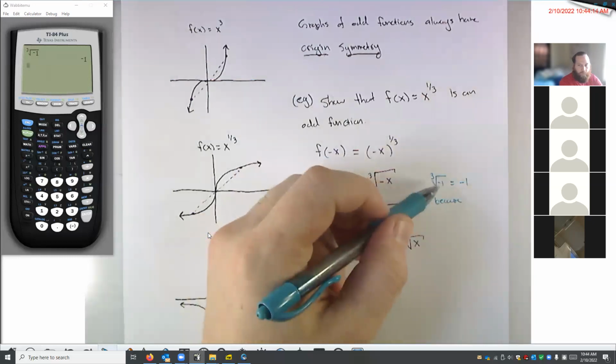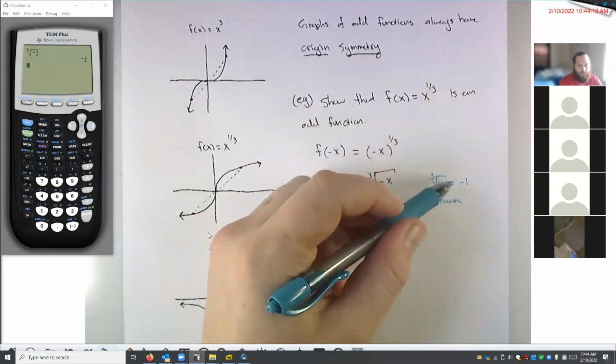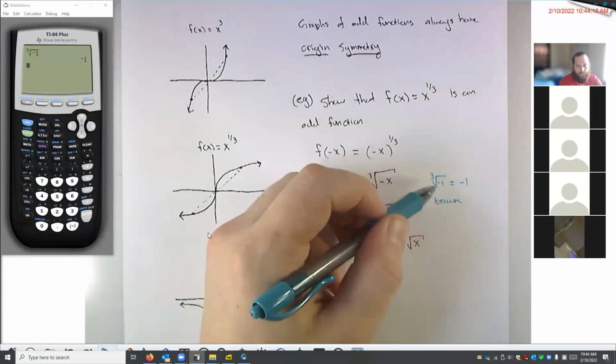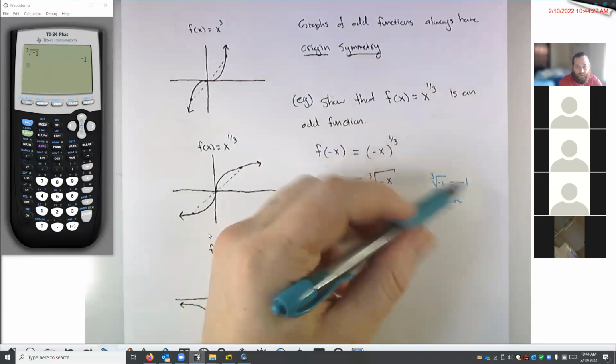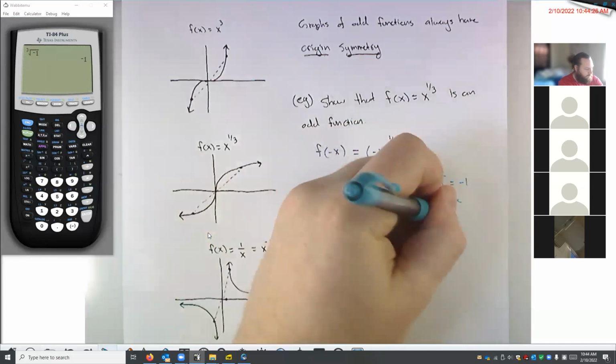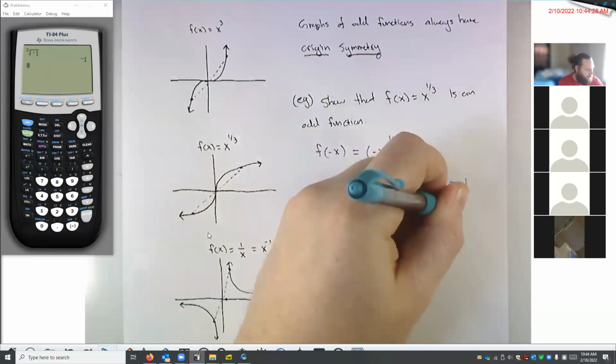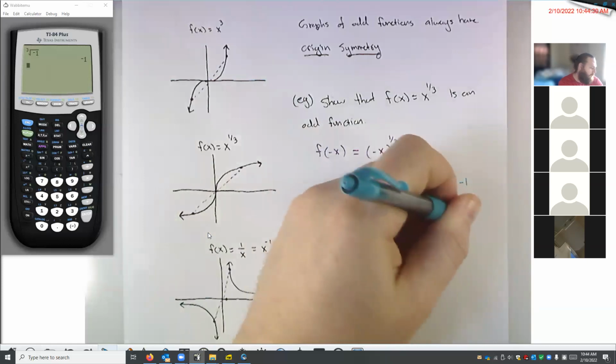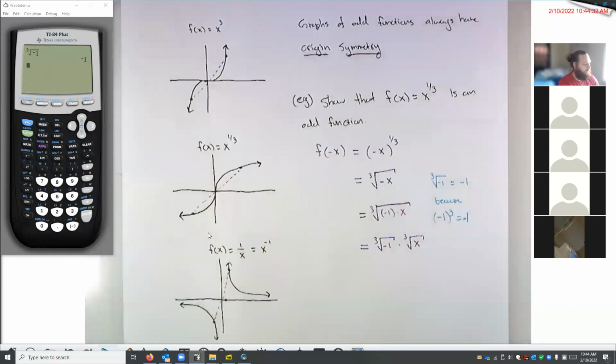Remember what an nth root means. It means the nth root of some number is another number such that when you raise that second number to the nth power, you get the original. This is because -1 cubed is equal to -1. Right?